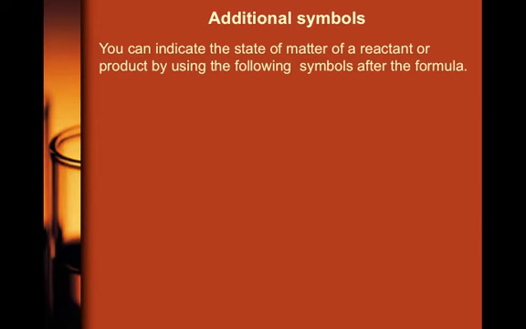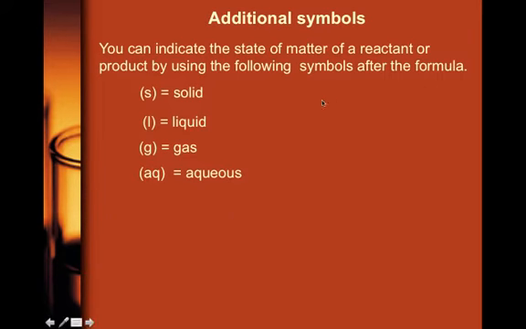Some additional symbols that you're going to need to know to write a more detailed chemical equation are the states of matter symbols. And so they are solid, liquid, gas, so S, L, G. And then a fourth one, AQ, stands for aqueous. So let's just do a real quick explanation of these. If you have, for example, H2O-S, H2O-L, H2O-G, well, H2O-S would be what?